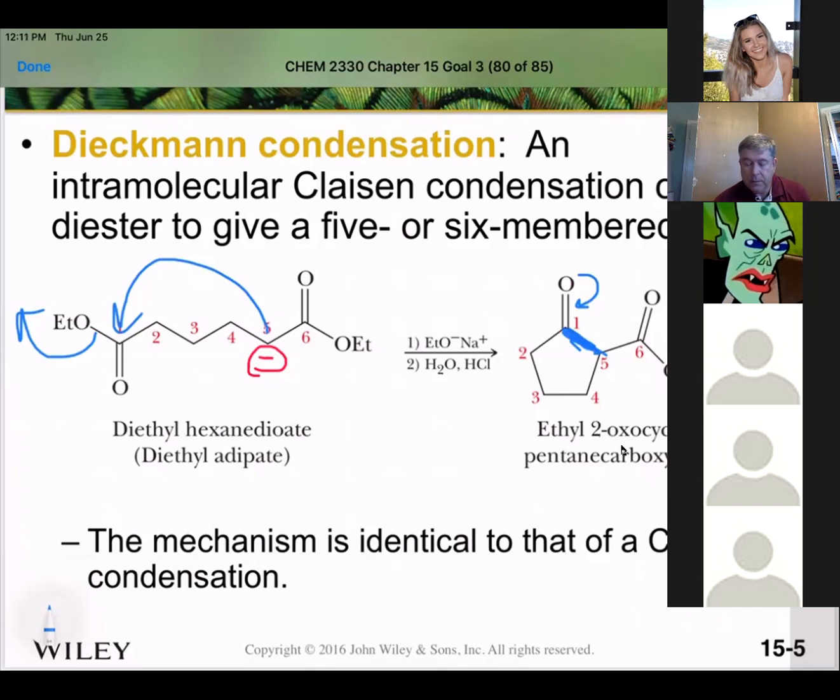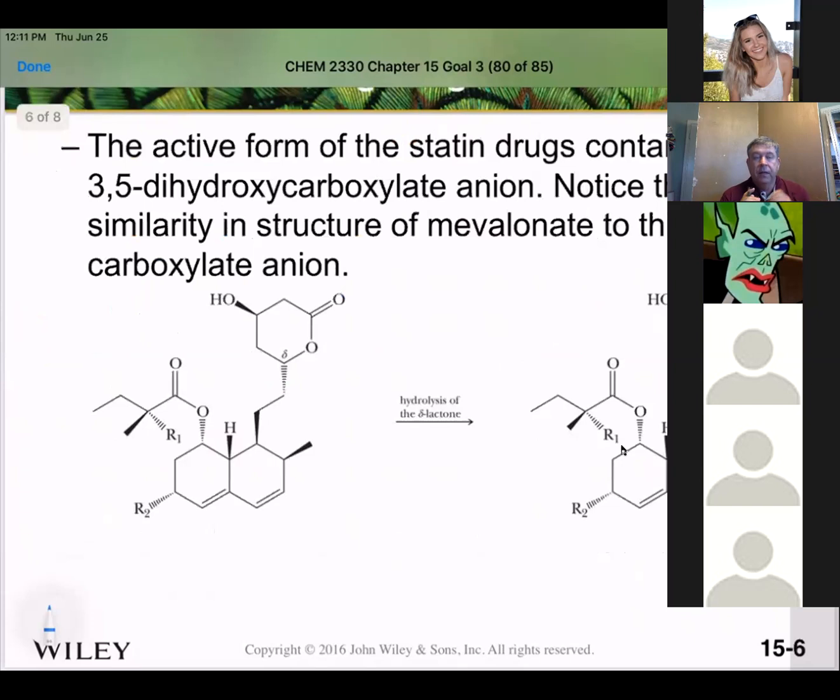Let's go to another example here, okay? So we have this very complicated structure here, but let's take a look at it from our perspective of where can we form that anion, and how does that ring form, okay?